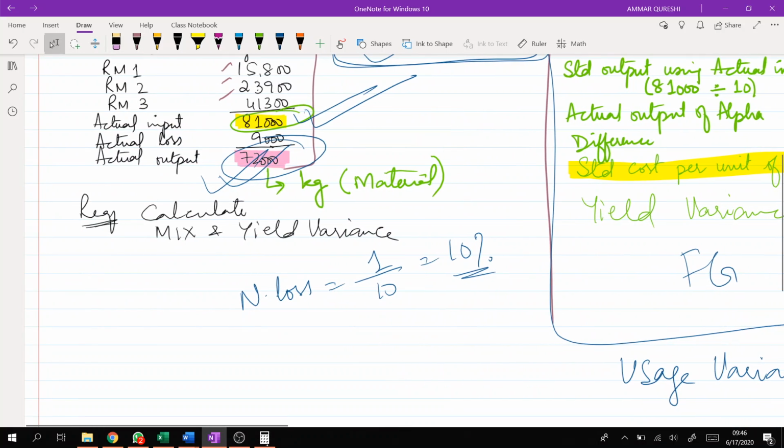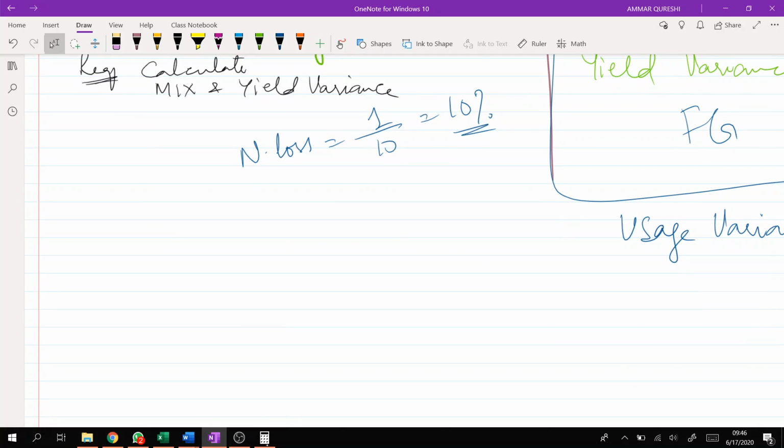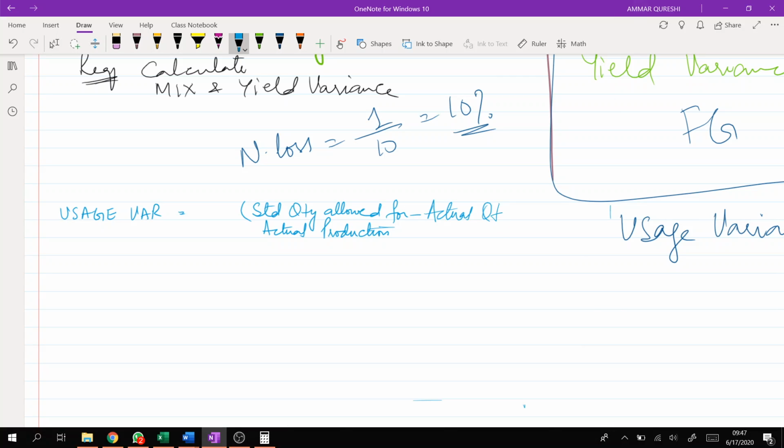Now in FMA we have studied that usage variance is calculated by standard quantity allowed for actual production minus actual quantity used, into standard price.